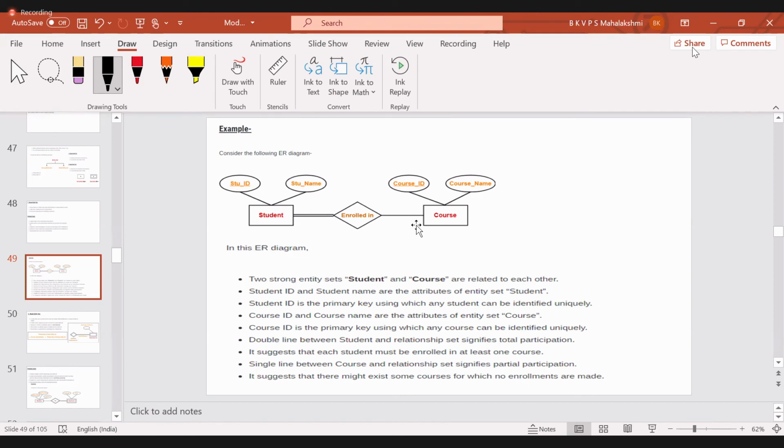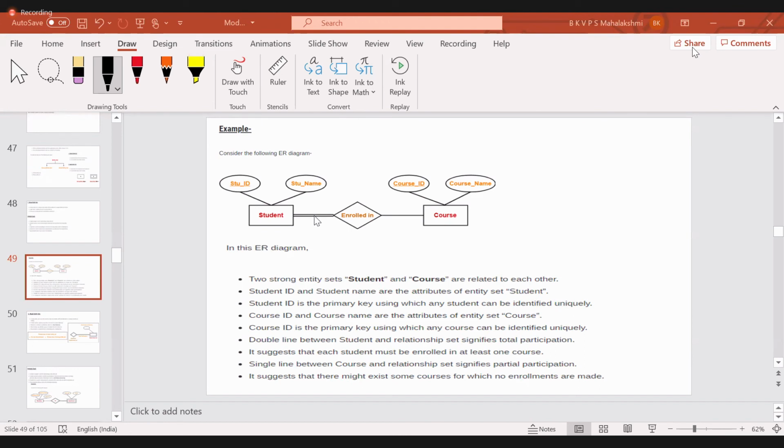Can you see the difference between these two entities and the relationship? Yes, ma'am. Double line. Double line between what and what? Student and enrolled in. Yeah, student and enrolled in. Why? Because all the students have to register into the course. Am I right? Yes, ma'am.